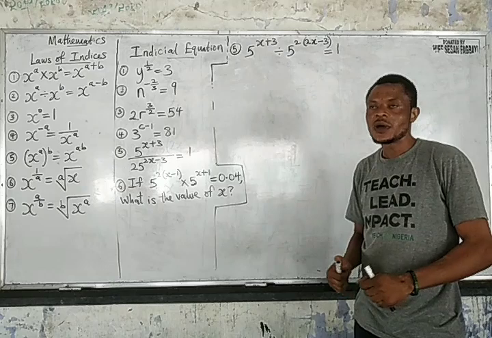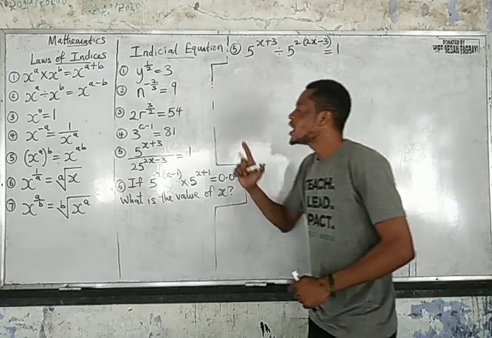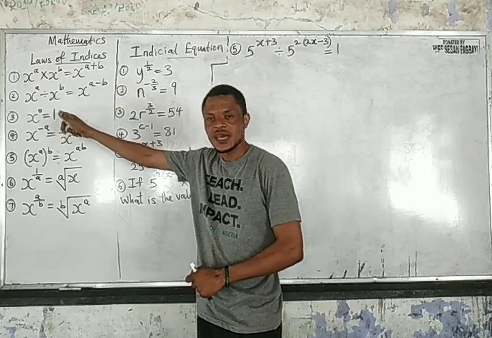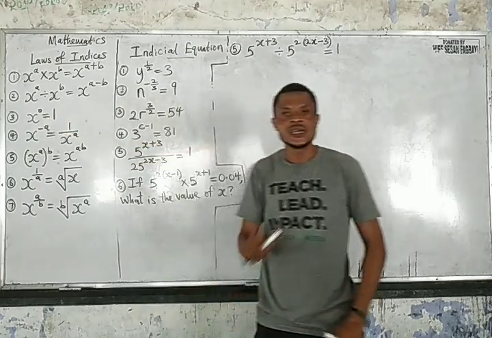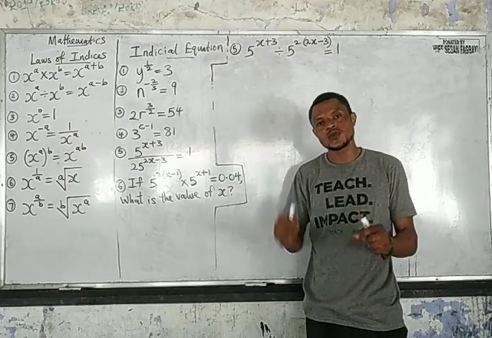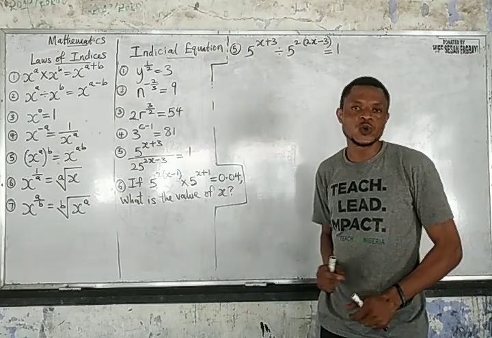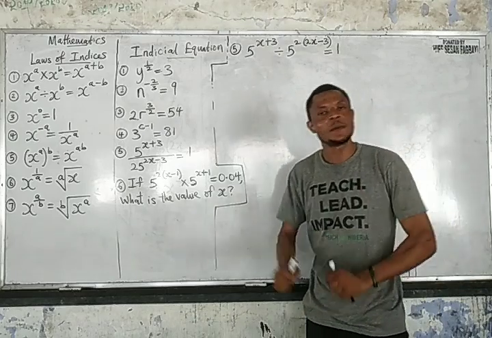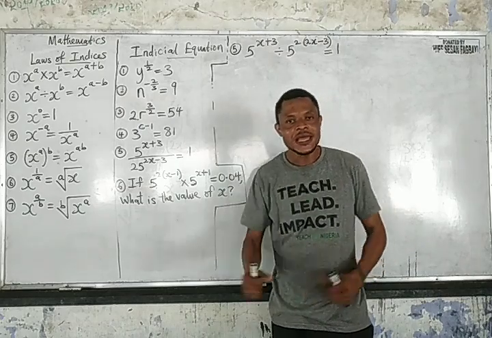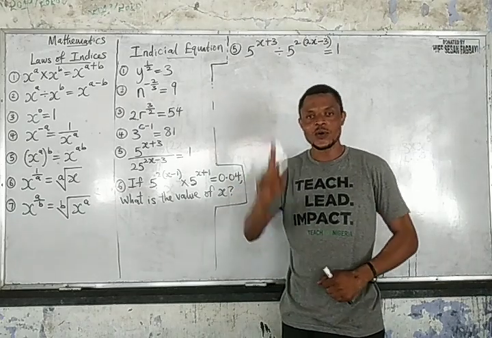Fair enough. But at the same time, as given in the third law of indices, x raised to power 0 is 1. And I said earlier that anything raised to power 0 ends up being 1. 50 raised to power 0, 1. 1 million raised to power 0, 1. Even myself raised to power 0, 1.